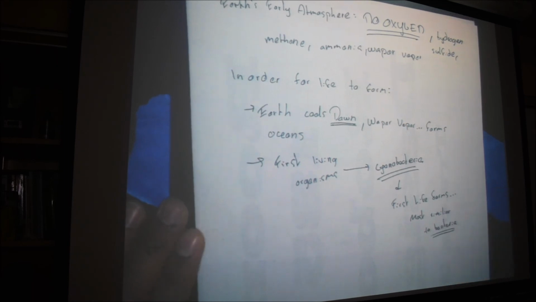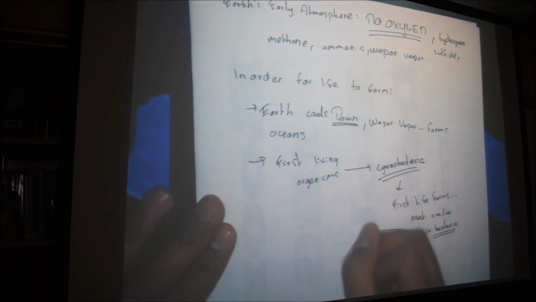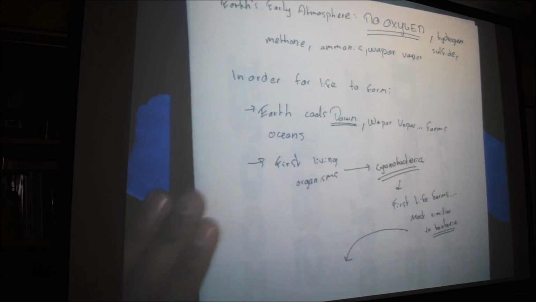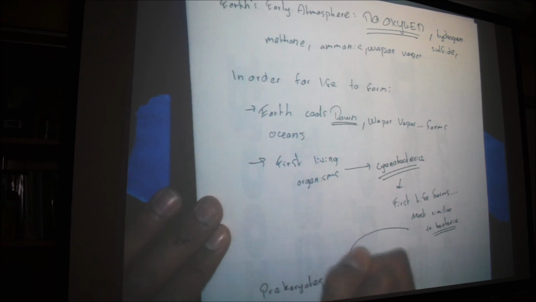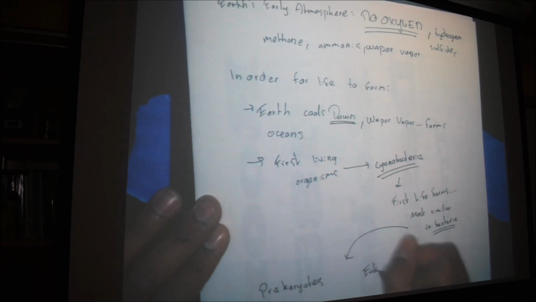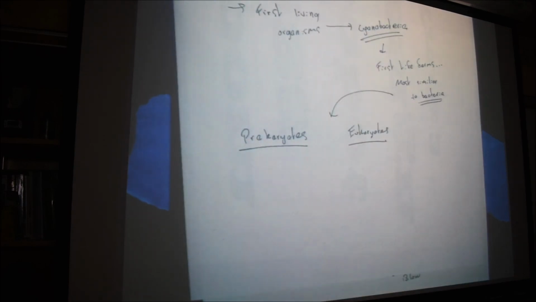Cool. All right. The next thing we're going to talk about is this. So once you have prokaryotes and eukaryotes starting to form, and just to let you know, prokaryotes came way before eukaryotes, right? What is the key difference between prokaryotes versus eukaryotes?